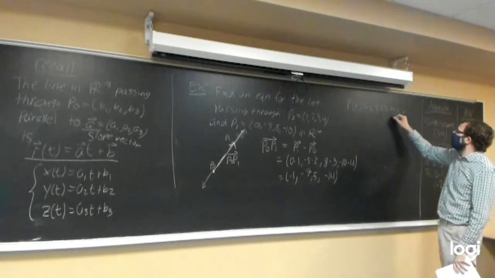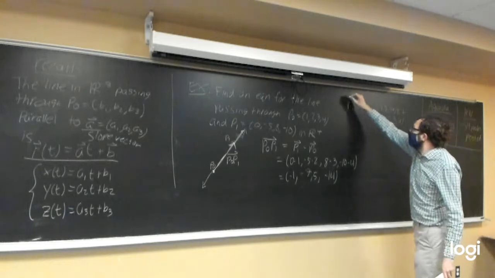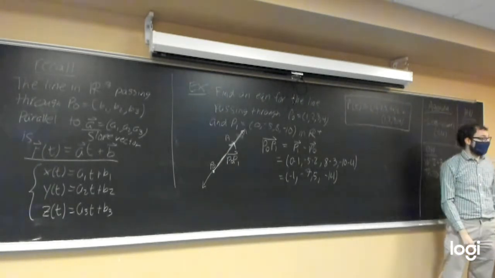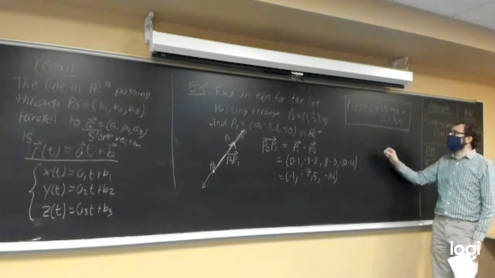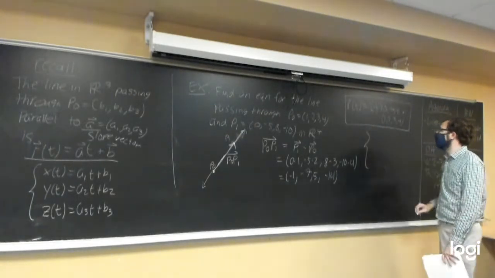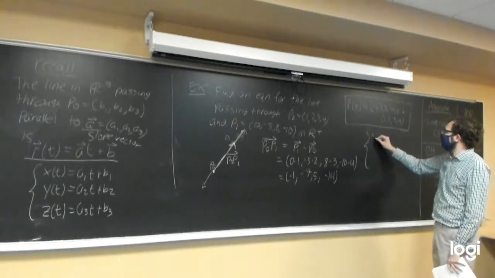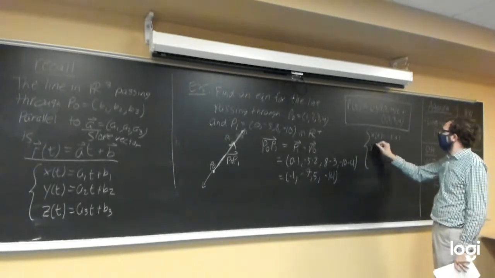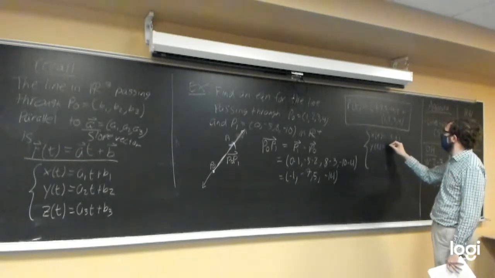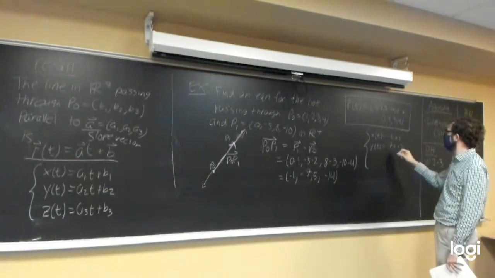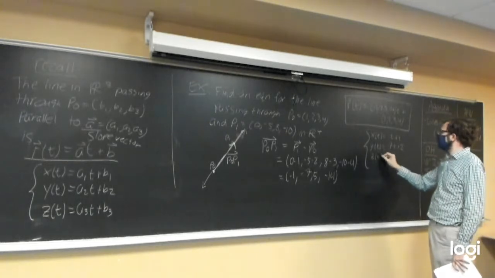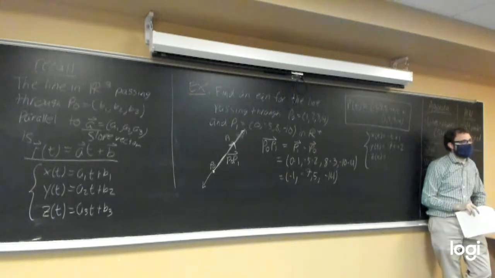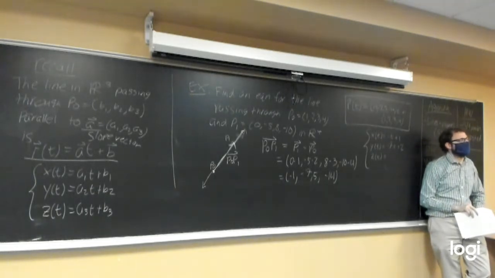1, 2, 3, 4. And there we go. There is our parametric formula for the line. Or if you prefer, you could write it out using 4 coordinates and say something like x of t is negative t plus 1, y of t is equal to negative 7t plus 2, z of t, what would we have as our third parametric equation here?